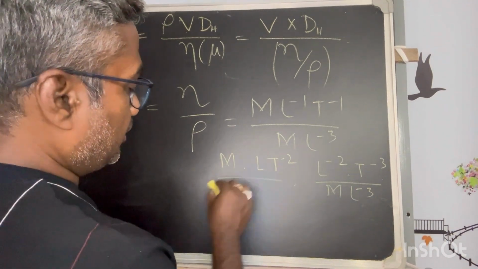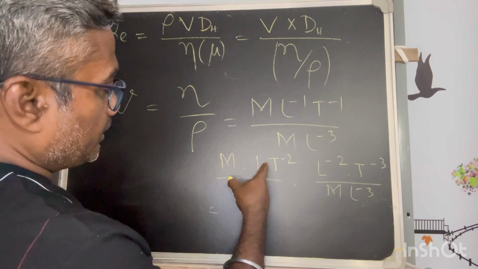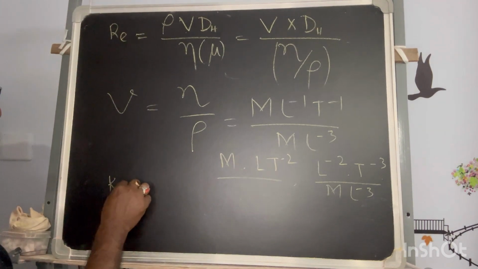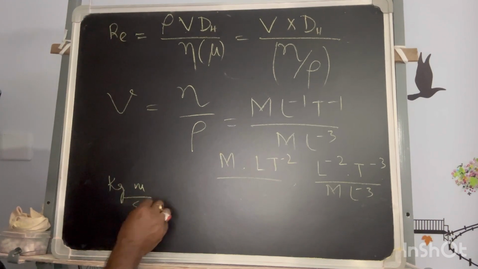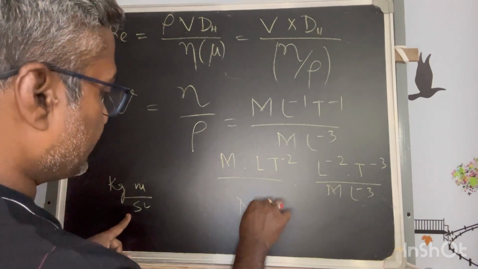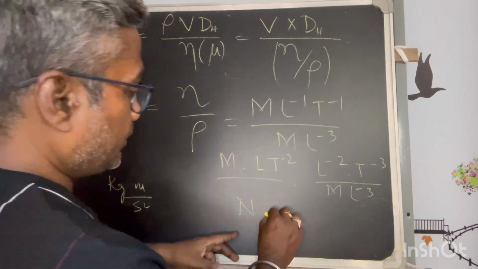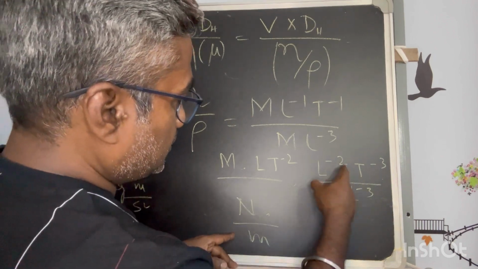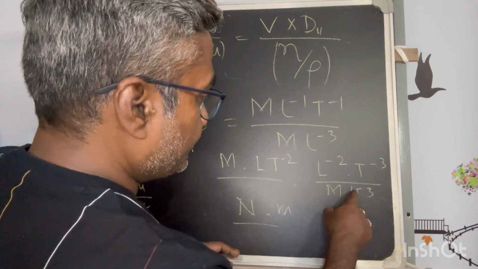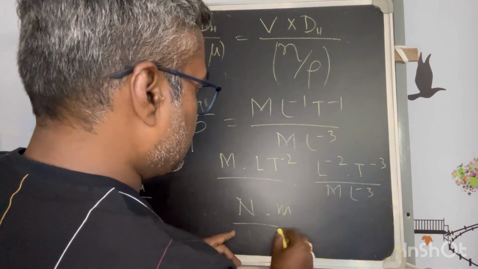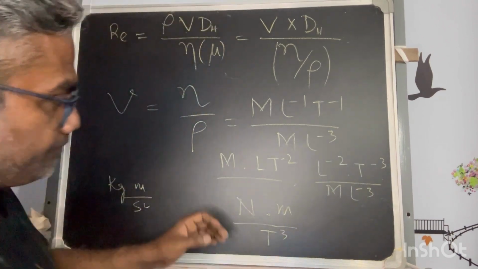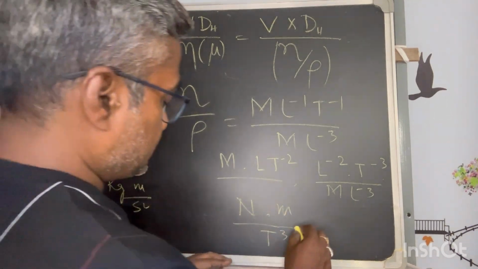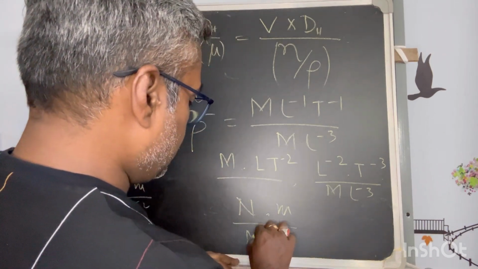Now M L into T cube, the M into L, in SI unit, this is kg meter per second square, that is equal to Newton, kg meter per second square is Newton, into, in SI unit, let me check it, this will be meter down, this will be meter on the top, L to the minus 1 on top, and T to the power minus 3, kg meter, Newton meter, that means M will be there.